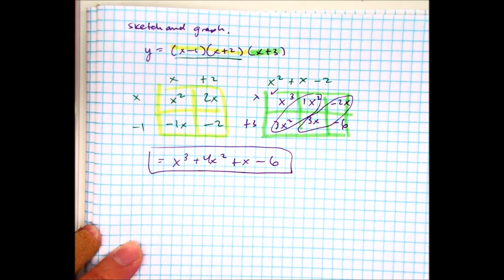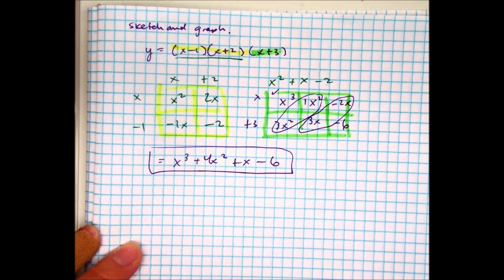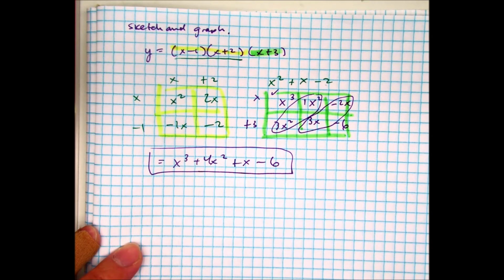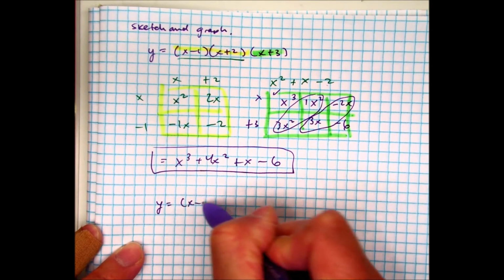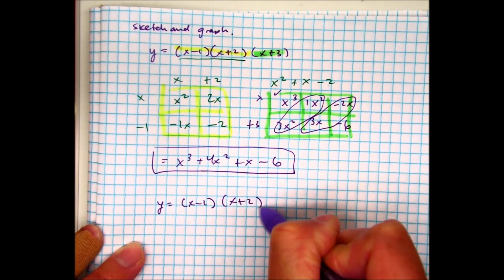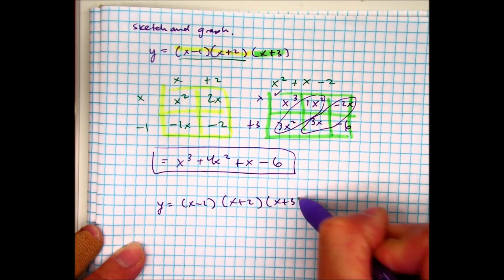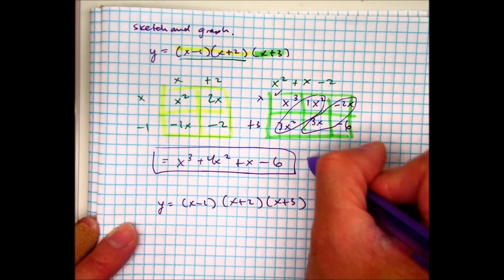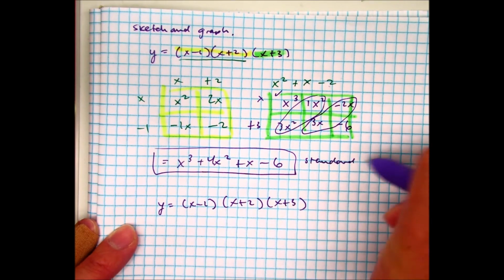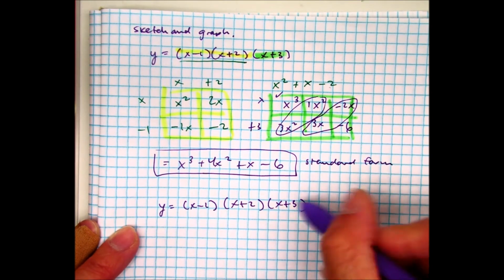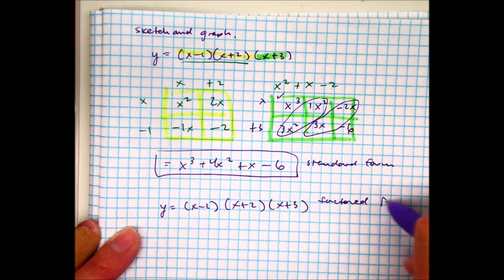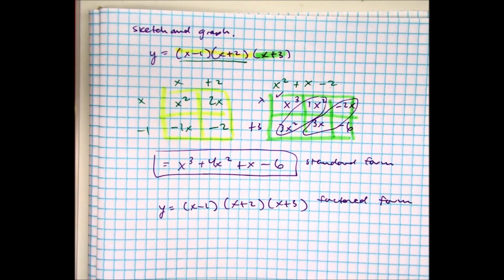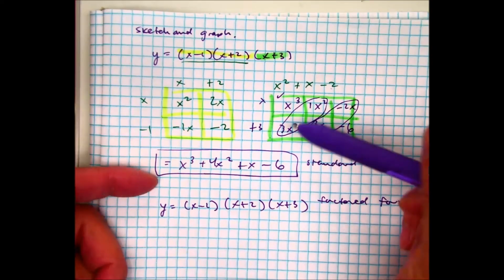Let's go ahead and sketch this. I'm going to graph this using multiplicity. Just rewrite this again. So we're lucky that up here this is standard form. And this is which form? Factored form. So if you think about it, you can actually go backwards.